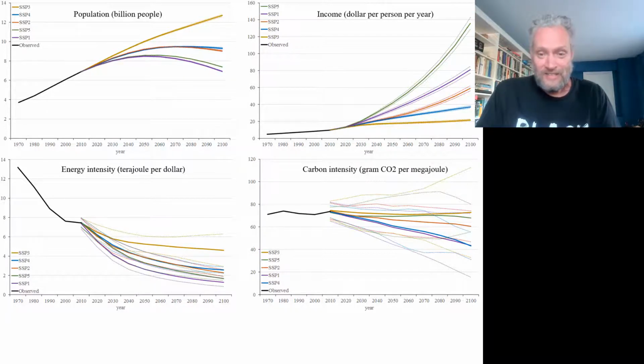The increases that you see here, one of the models says, no, the CO2 intensity is going up. That means that if we are running out of oil and gas, which we are, then we're not going to replace that oil and gas with renewables and nuclear, but instead we're returning to coal.